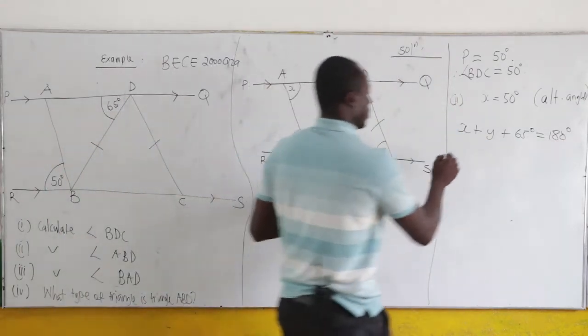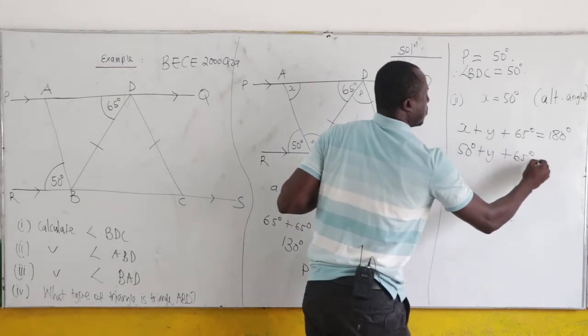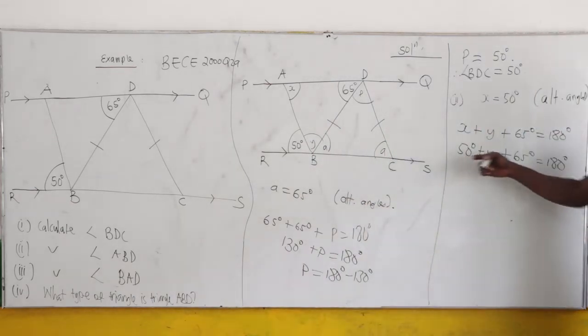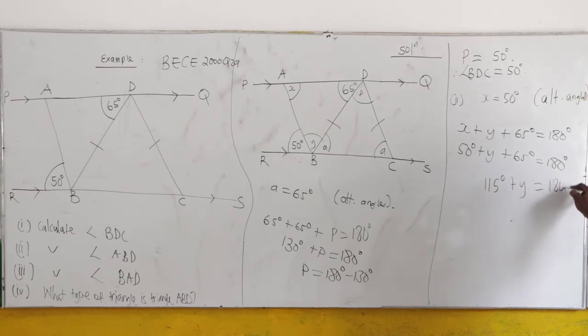50 degrees. So we have 50 degrees plus Y plus 65 degrees equal to 180 degrees. Now what is 50 plus 65? This is 115 degrees plus Y equal to 180 degrees. So our Y equal to 180 degrees minus 115 degrees. Now what is 180 minus 115 degrees?